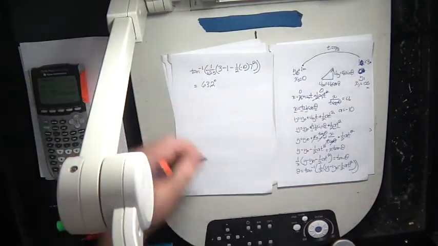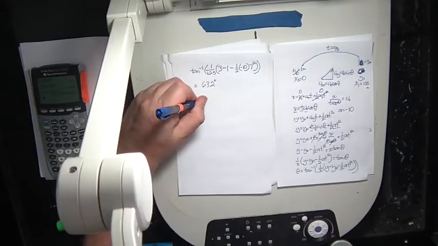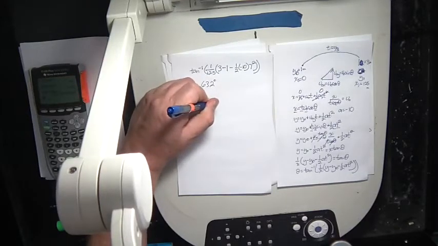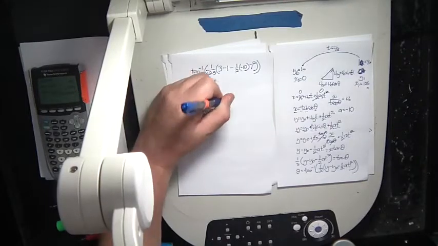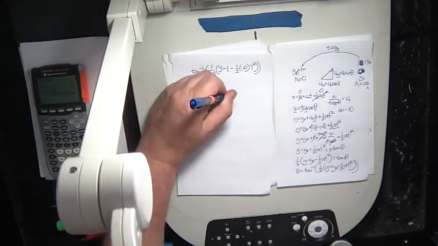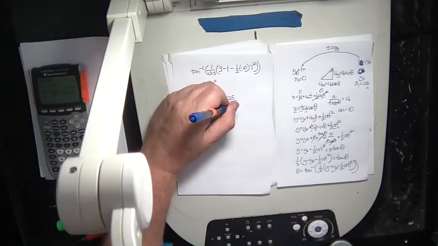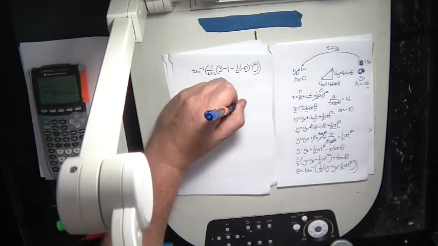Now that you have that, the V naught, which you substituted for, is this. So X is 125, T is 7, cosine 63.2.